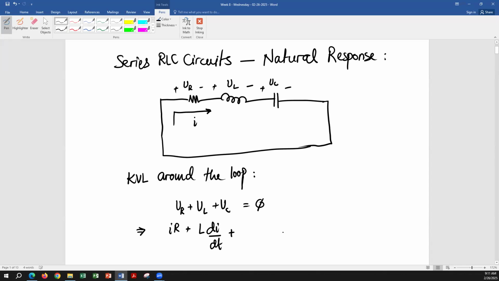And finally, VC is 1 over C integral of I dt plus the initial value of the capacitor voltage VC(0). And this is equal to 0.